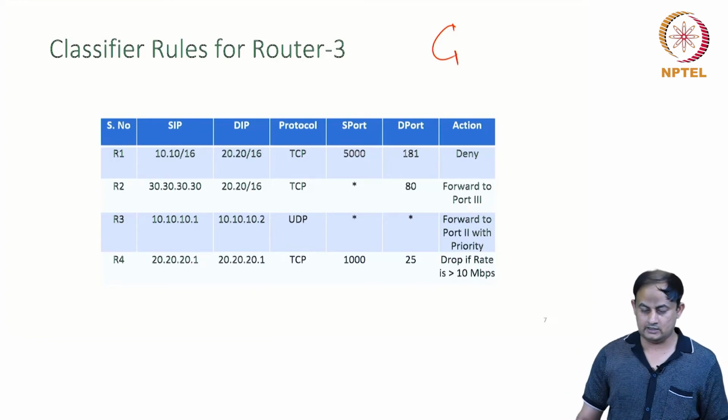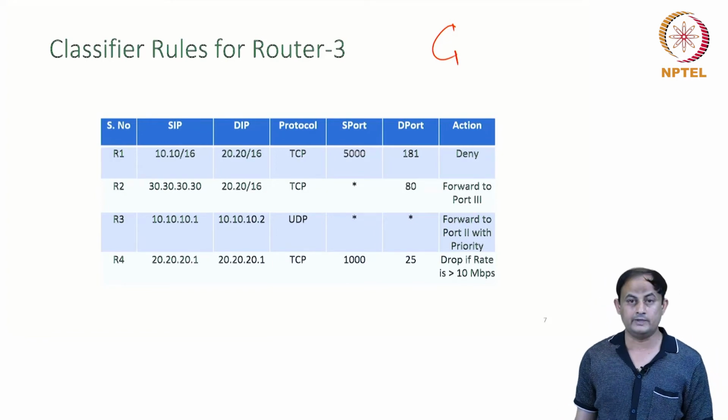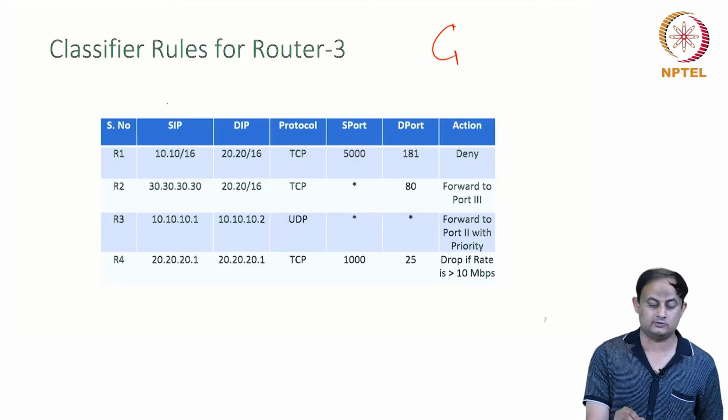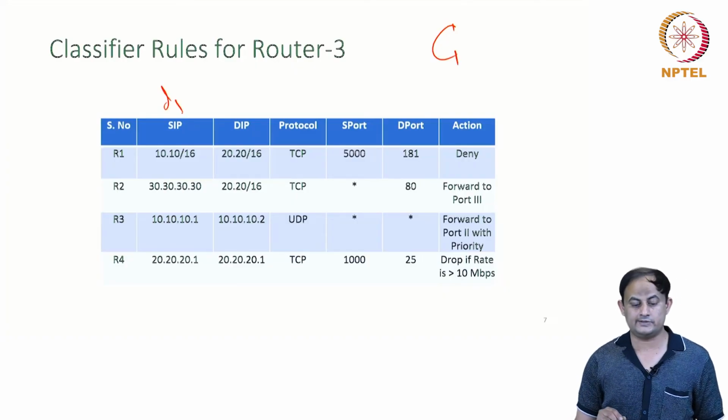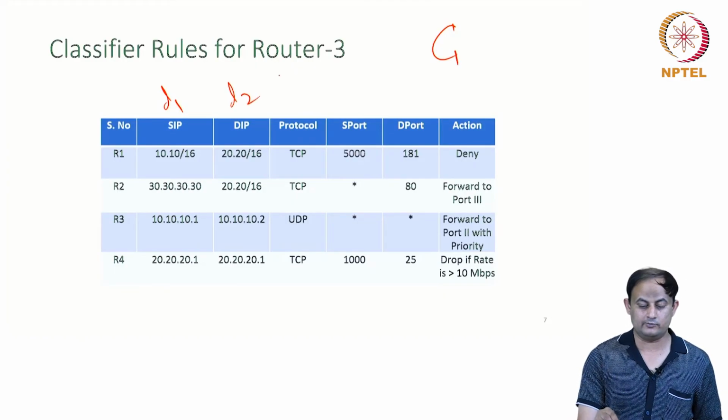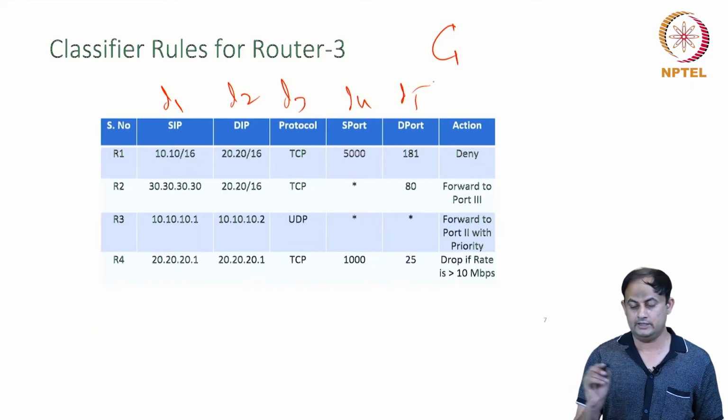There are 5 fields used here, also called dimensions: D1 is one field, D2 the second, D3, D4 and D5.